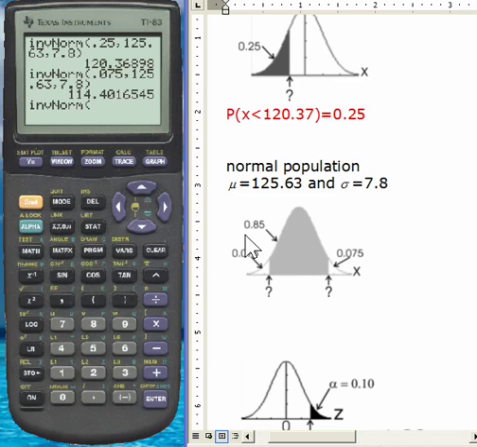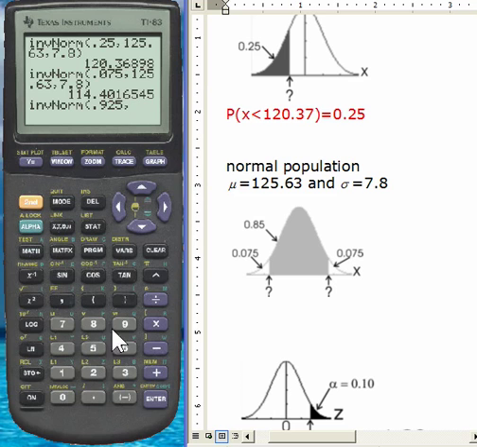Well, we have a 0.85 here, that's the 85%, and then we've got this 7.5%. So what's 85% plus 7.5%? It's okay, you can do the addition on your calculator, but it's 0.925. In other words, 92.5%.